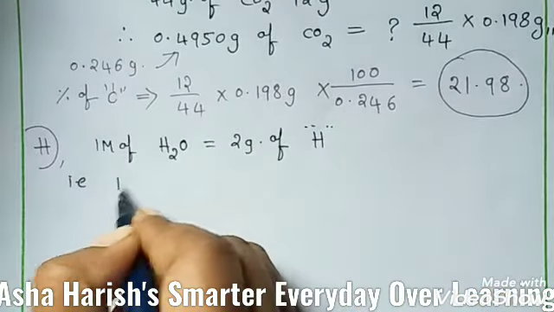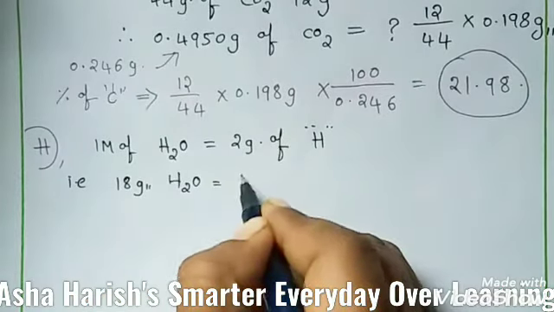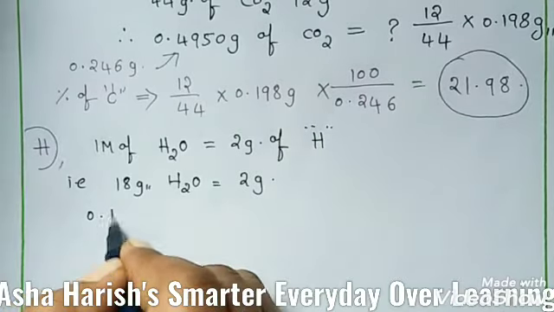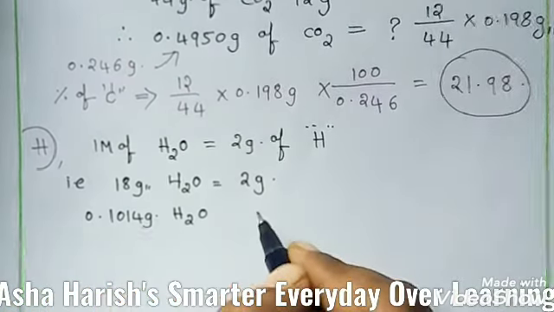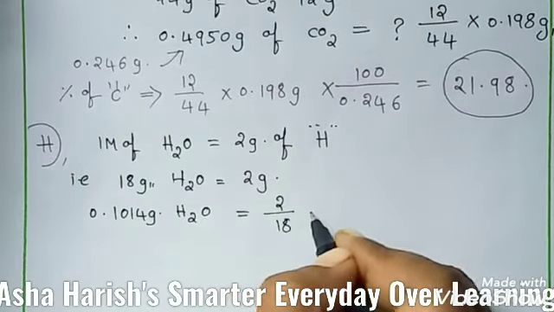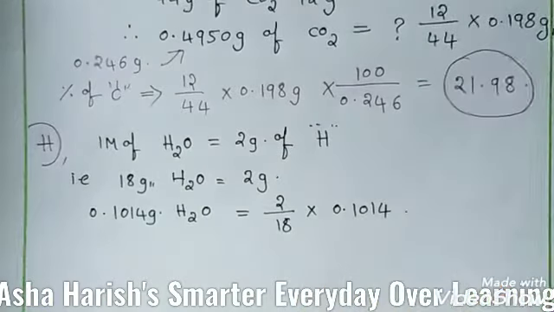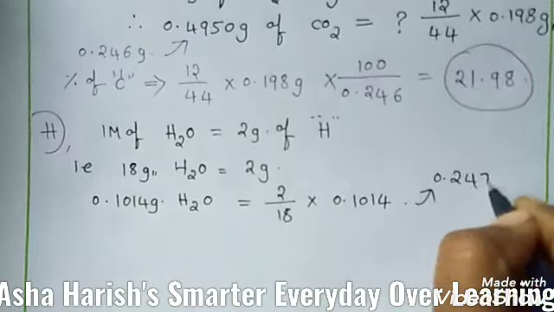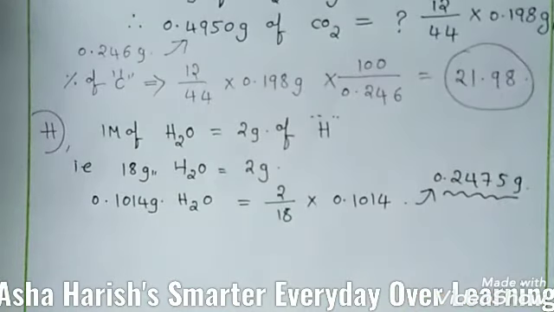That indicates 18 grams of H2O contains 2 grams of hydrogen atoms, and 0.1014 grams of H2O will contain hydrogen equal to 2 by 18 into 0.1014. This is the mass of the hydrogen present in how many grams of the compound, students? 0.246 grams of the compound.